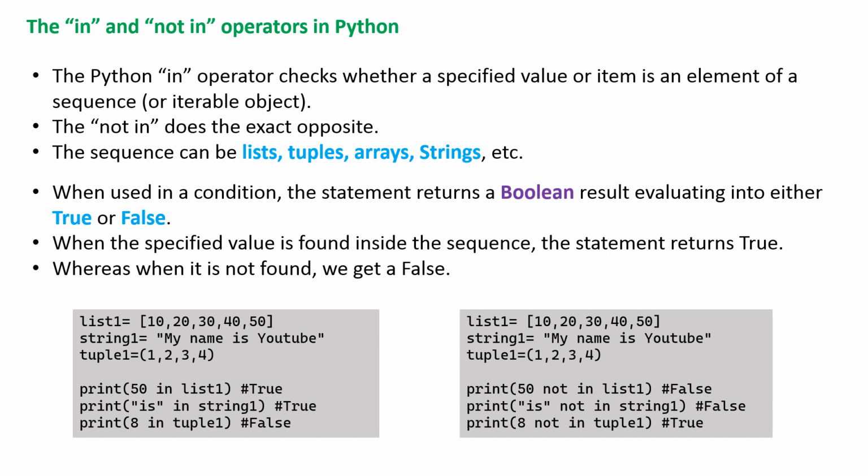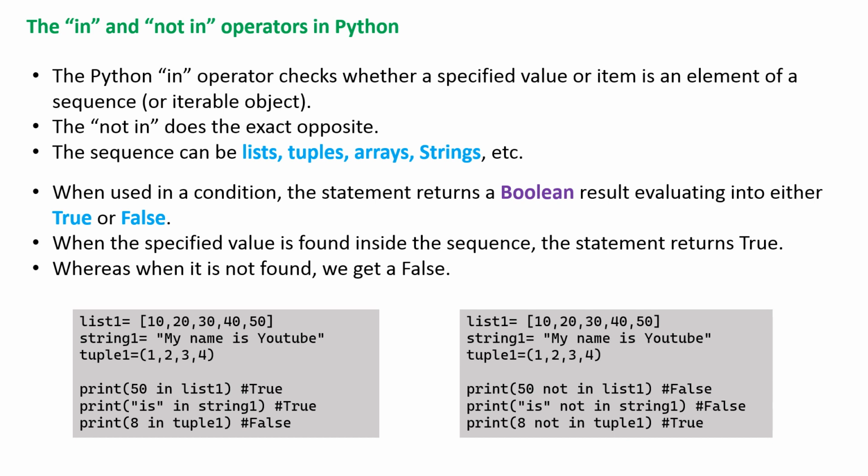Now similarly, tuples also work in the same way. In tuple, I'm checking whether 8 is present in tuple 1, which is false, because in tuple 1 we have only 1, 2, 3 and 4. Now in tuple 1, the 8 is absent.